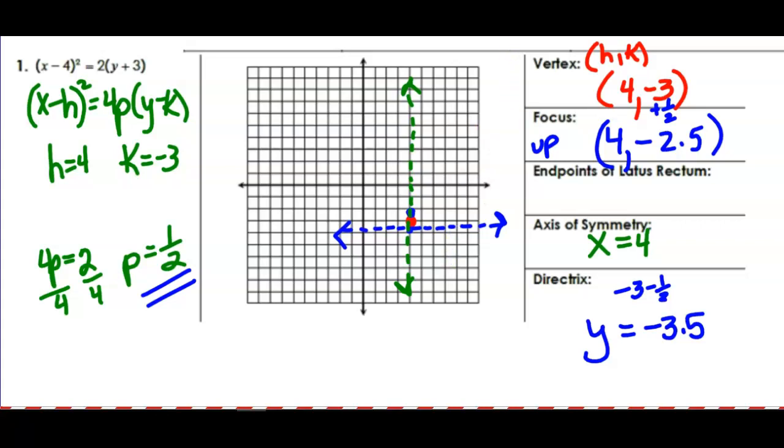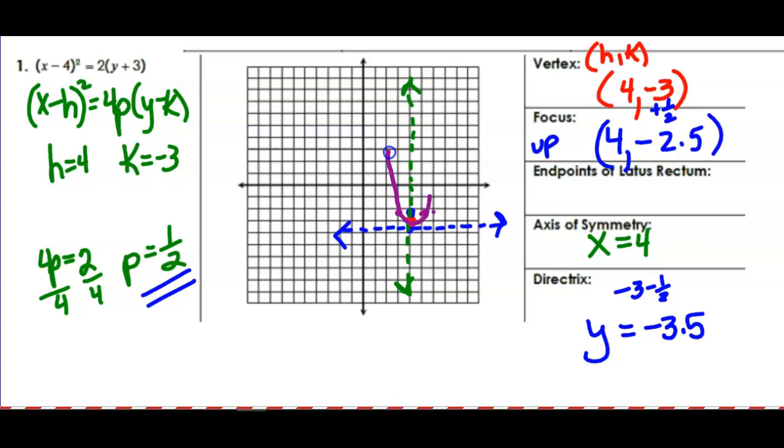Now, this is not a good example for how the latus rectum can help us, honestly, because 4p was a distance of 2. So that means from the focus, you go 1 this way and 1 this way. The whole latus rectum is too long. So it's a very tiny little parabola here.